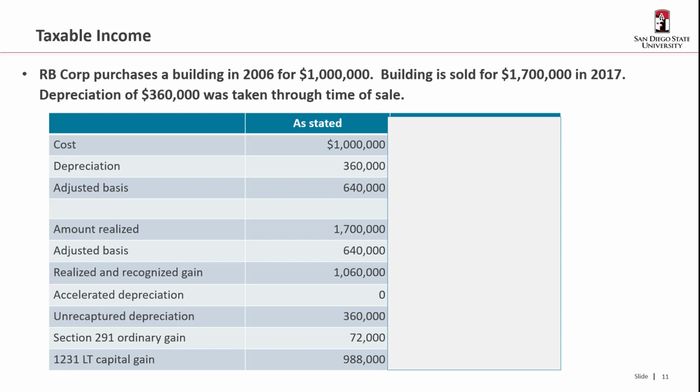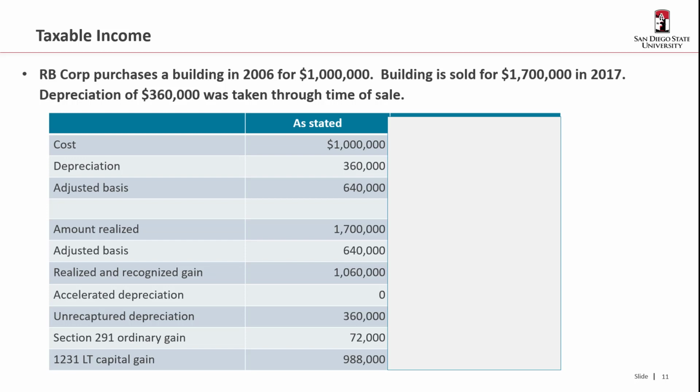It was depreciated $360,000, which results in an adjusted basis of that building of $640,000. The amount realized on the realization event, which in this case is a sale, was $1.7 million, less the adjusted basis of $640,000 results in a realized and a recognized gain of $1,060,000.